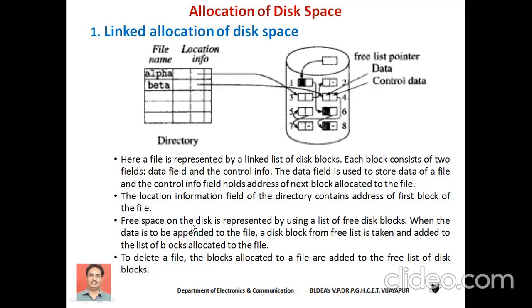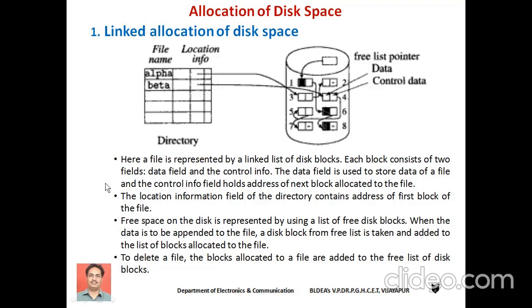Similarly, when the file is deleted, the blocks allocated to that file will be added to the free list of disk blocks. This is how the file data will be stored on the disk by using linked allocation of disk space.